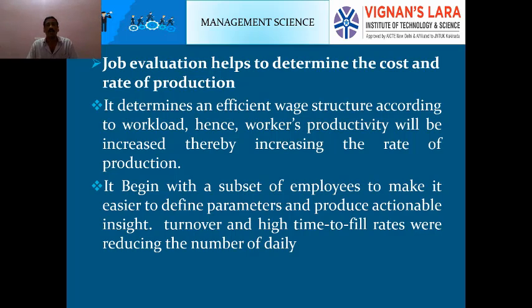That means wage structure according to workload, work allotment according to output, and time to be allowed according to previous output, which was ascertained by job evaluation. These are all precautions which increase the rate of productivity.